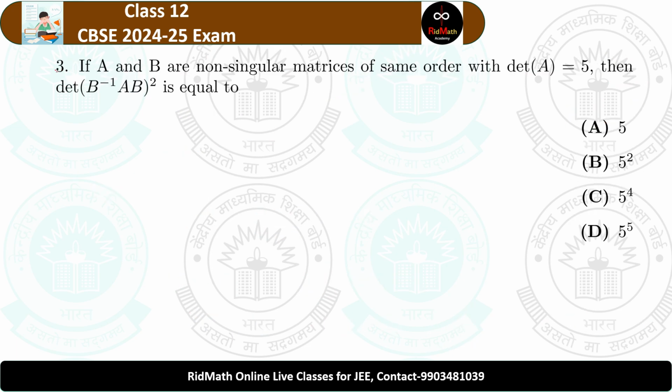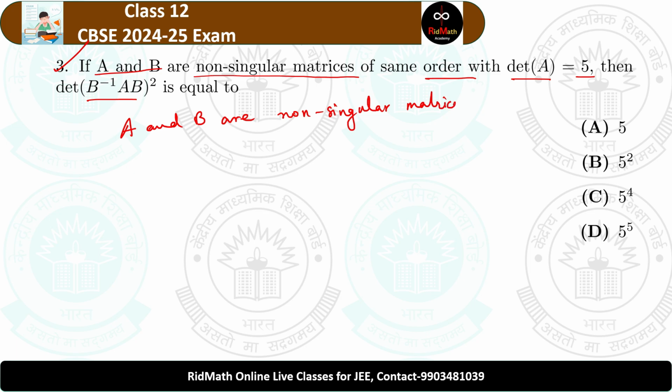Question number 3. If A and B are non-singular matrices of same order with determinant of A equal to 5, then determinant of (B inverse A B) square is equal to what? Okay, so A and B are non-singular matrices. Non-singular means determinant of A is not equal to 0, and also determinant of B is not equal to 0.